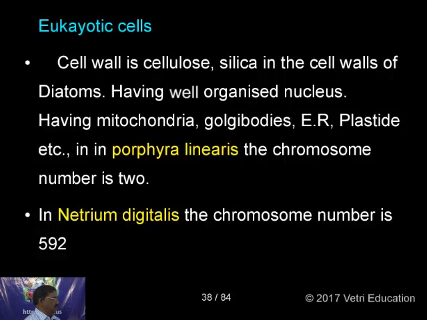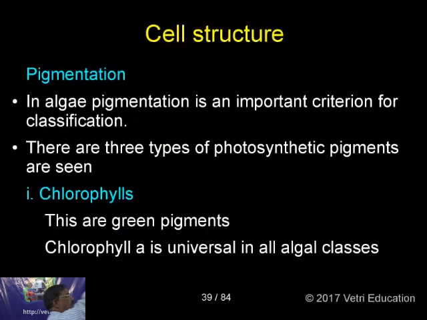And a speciality here, you can find the chromosome number varies from 2 to 592. In Porphyra linearis the chromosome number is 2, whereas in Netrium we have 592. So now today we will see the pigmentation in algae.